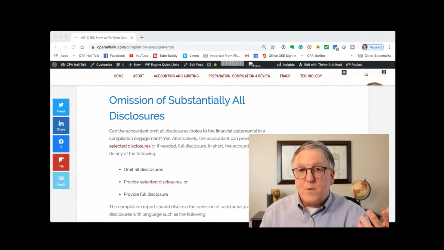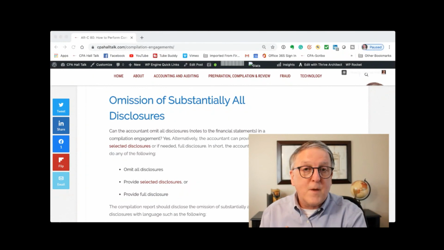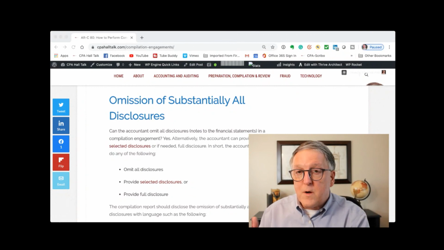So just imagine with me, it would look like maybe a balance sheet, an income statement, a statement of changes in equity, possibly a cash flow statement if it's a GAAP basis, and then maybe one page with a selected disclosure, say a disclosure about debt and nothing else. That's permissible in a compilation. Your compilation report would still say substantially all disclosures are omitted.